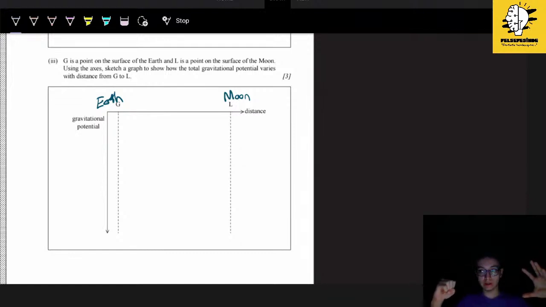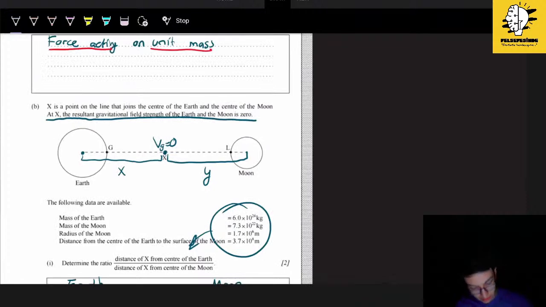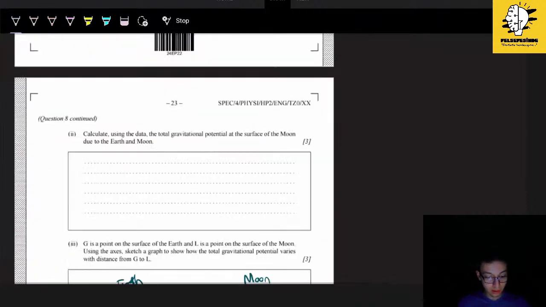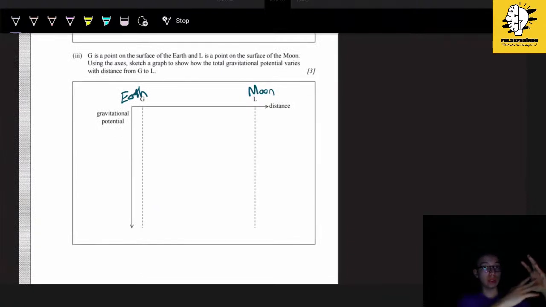So the point X from the previous questions, point X over here, should be logically closer to Moon because Earth already applies much more force on that point X. So it should be somewhere here, right?